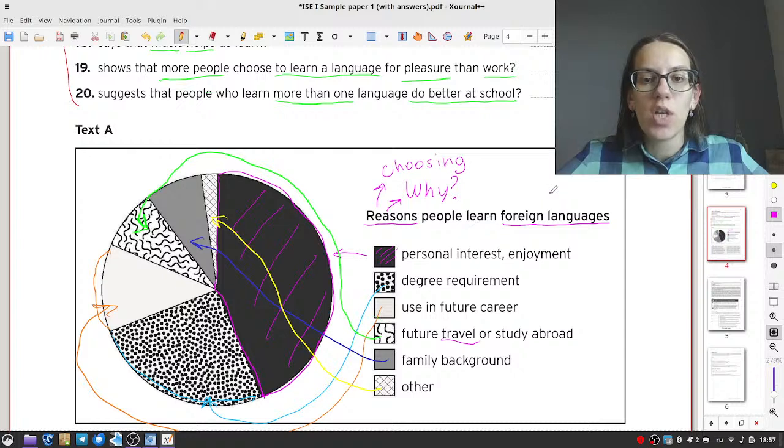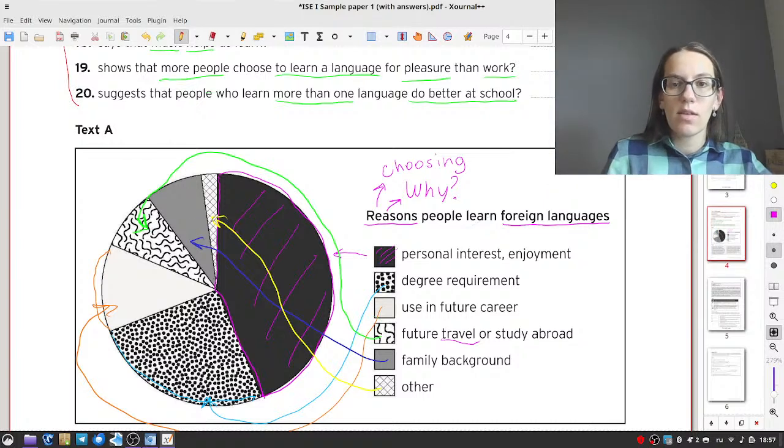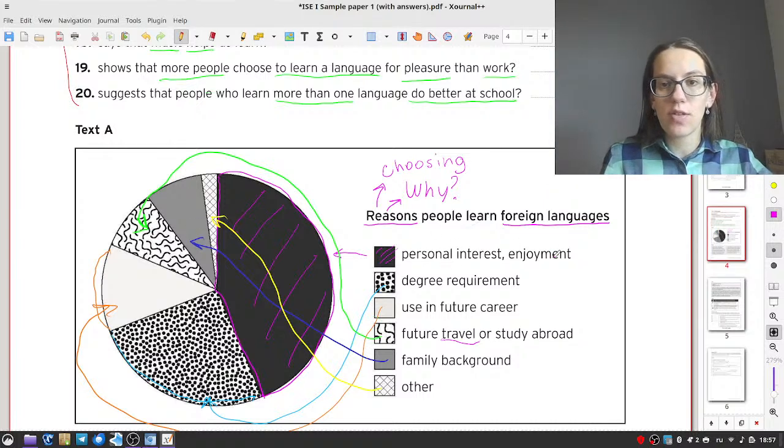So for pleasure and for work, can we find it here? Again, they can use different words. They can use synonyms. So for pleasure, personal interest and enjoyment. Well, enjoyment is a synonym of pleasure. So it's the same as learning the language for pleasure.